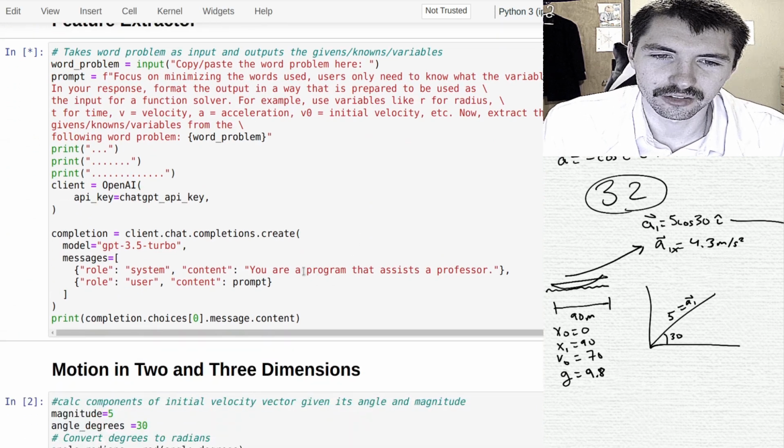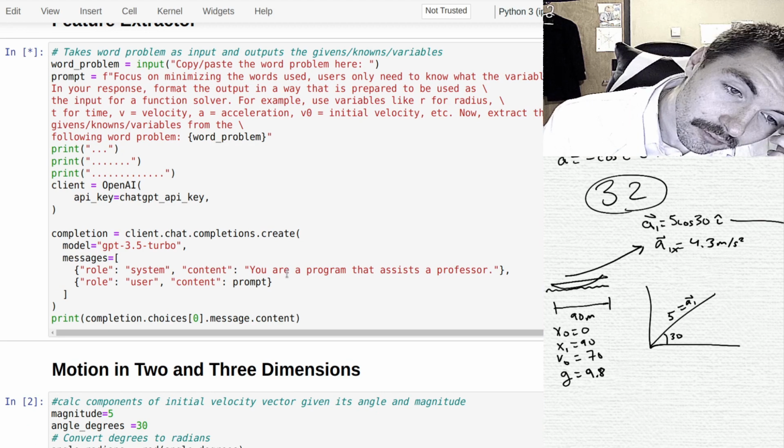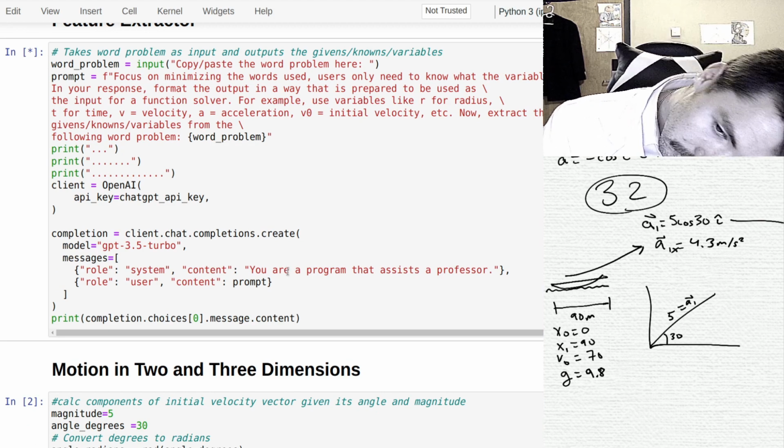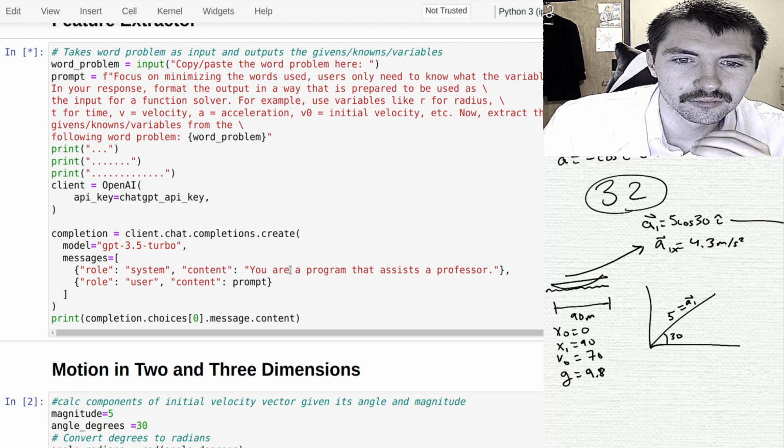Maybe we're missing something. Man, this is taking a minute to load.